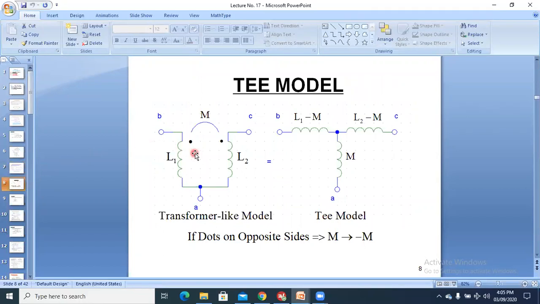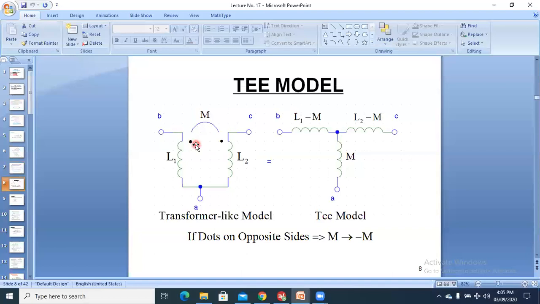So how do we solve the dot problem? If the dots are in the same direction, the value of M is positive.